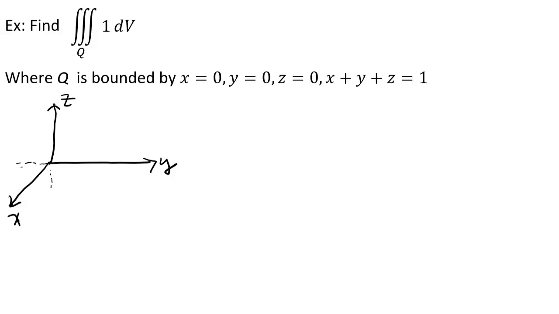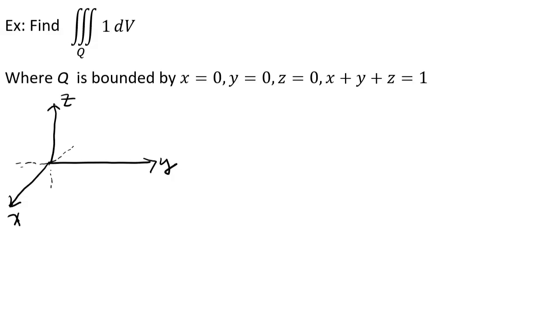We've got y equals 0, which gives the xz plane, and when z equals 0, we get the xy plane. So if we think about what that's doing, it's basically trapping us in the first octant, where we've got those 3 planes.